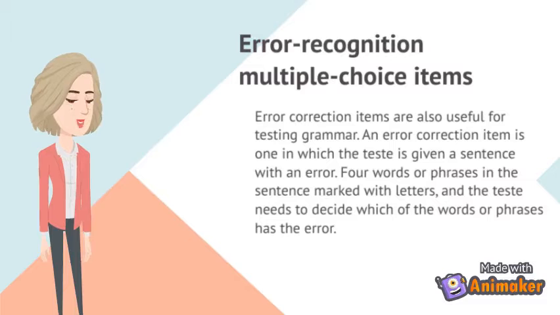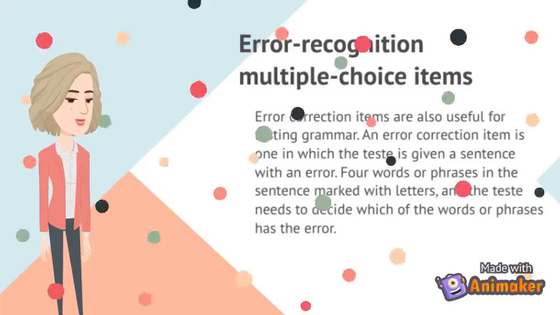Error correction is the ability to use knowledge about the presence of an error to remedy or correct it, allowing for an error-free outcome. An error recognition item is one in which the test takers are given a sentence with an error. Four words or phrases in the sentence are marked with letters, and the test takers need to decide which of the words or phrases has the error.